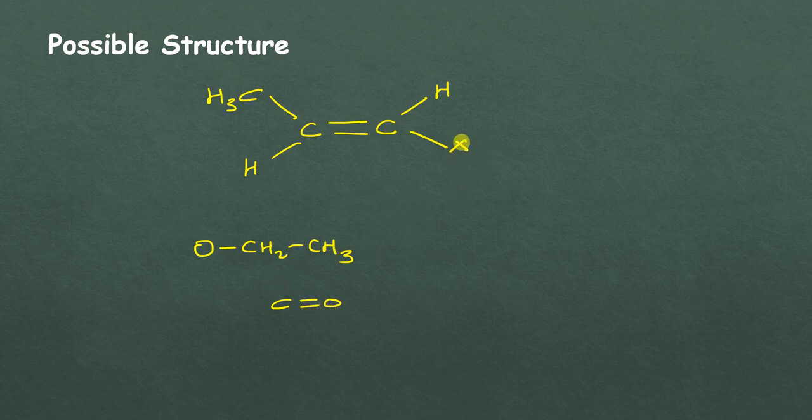So this X substituent can be, I'm writing carbonyl here, CO in conjugation with the double bond, which is further connected to oxygen, the CO stretching which has appeared at 1185 cm inverse in IR, and this is connected to this CH2 CH3 fragment.